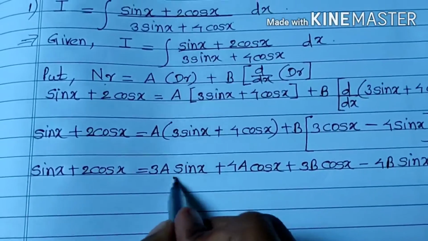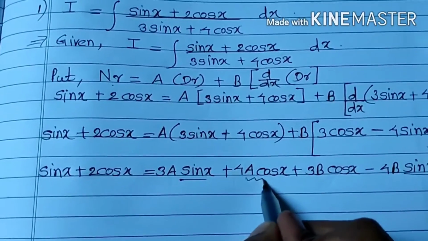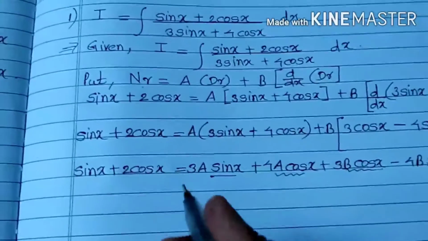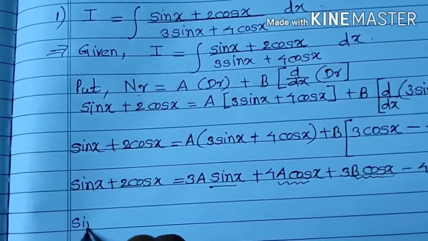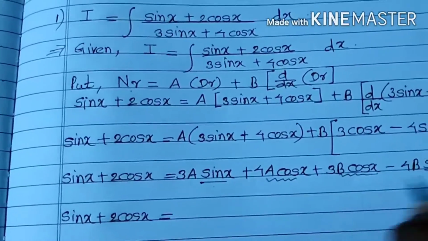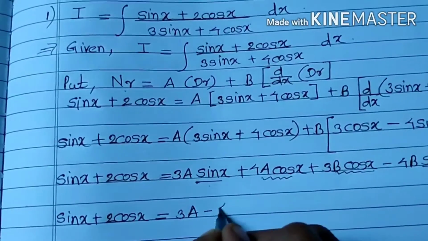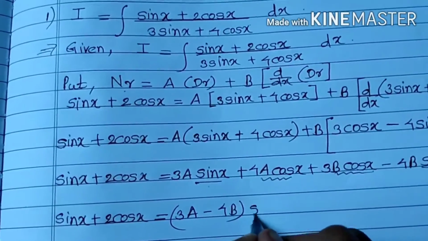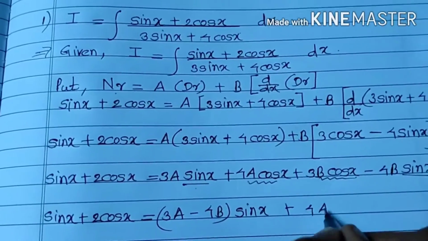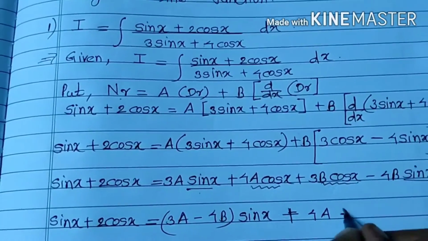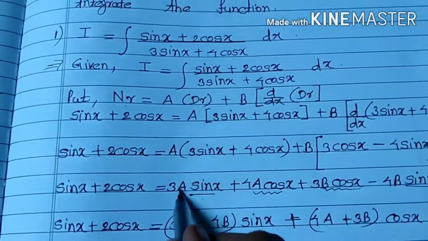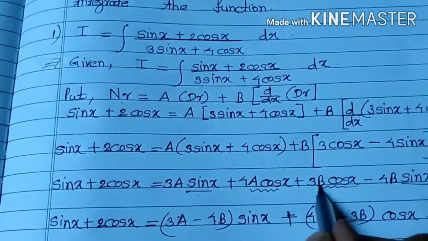Now collect the terms of sin x and collect the terms of cos x by taking common sin x and by taking common cos x. So here is sin x plus 2 cos x as it is, sin x, so 3a minus 4b sin x plus 4a plus 3b cos x. 3a minus 4b, 4a plus 3b.